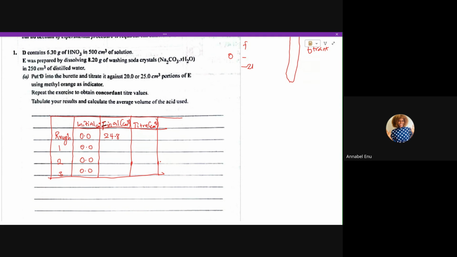Okay, 0.0. And then for the second final, let us say we have 24.60, and the next one we have 24.70, and the next we have 24.60 again. So our final titer, the difference between initial and final, will be likely the same number.